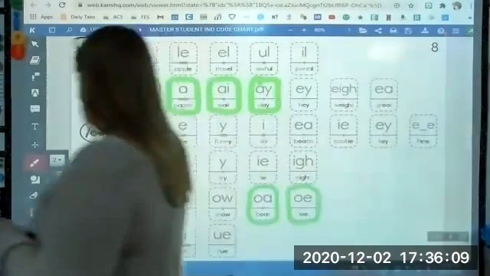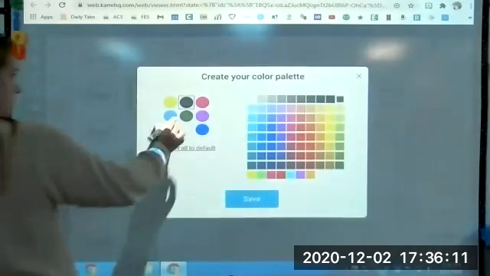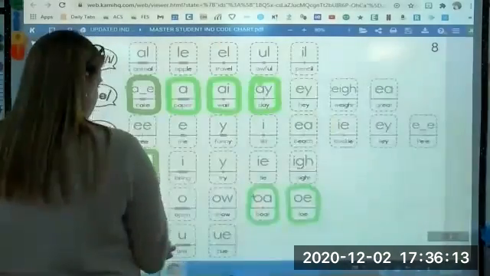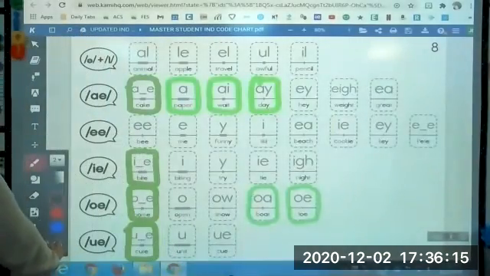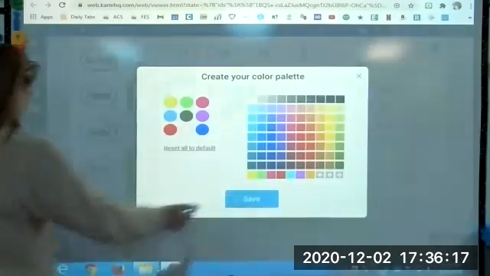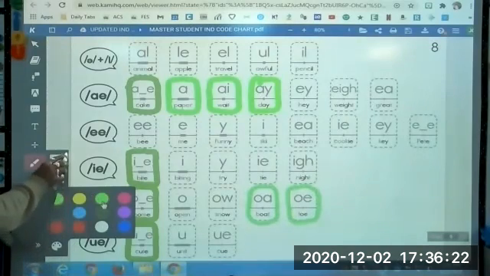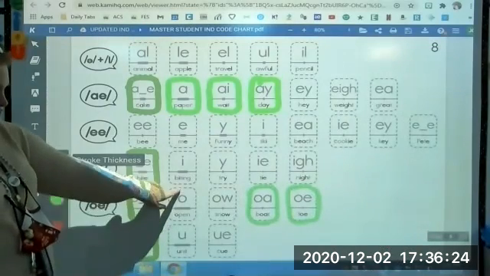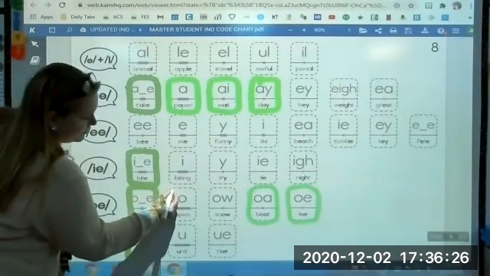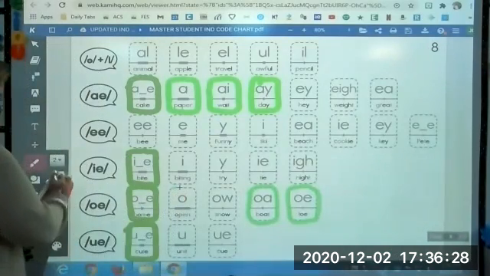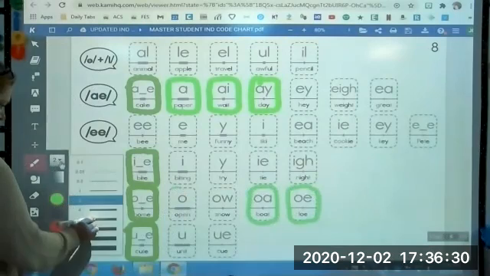We're going to do it in green. That is correct. All right, so here is the letter O for open. I need to make that bigger, don't I?